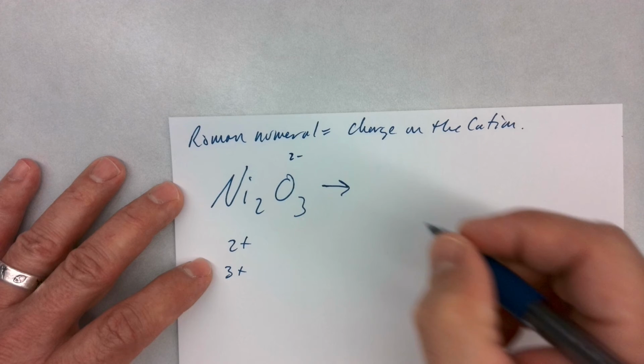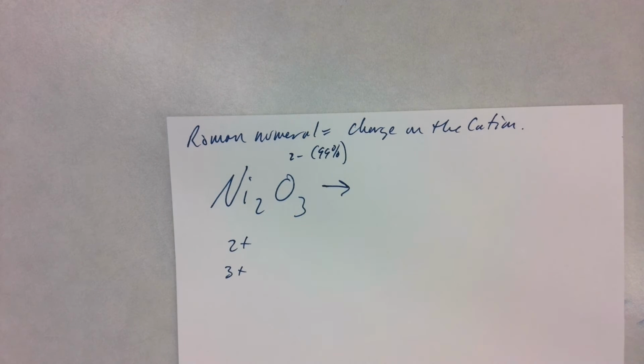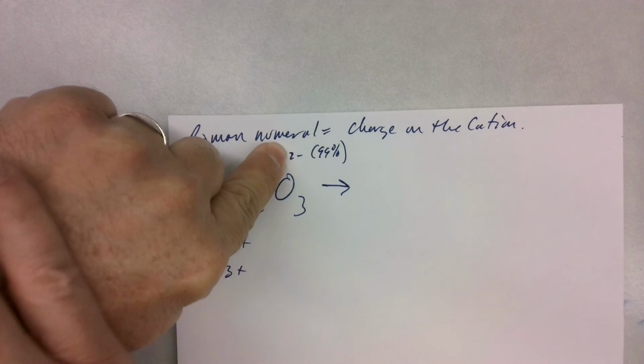Now, oxygen is what I call a 99%er. Which means that oxygen is going to be a 2 negative 99% of the time. There's only one exception, and we don't ever talk about it. You see oxygen, you know oxygen's a 2 negative.